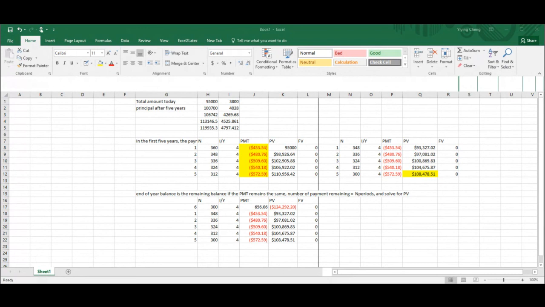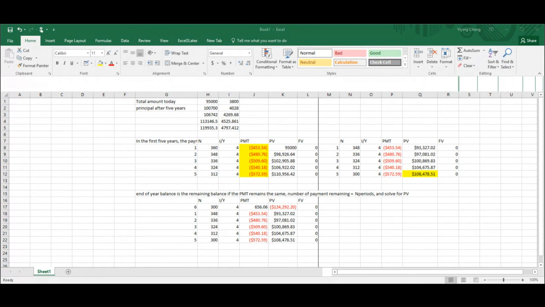Then in part C, the question asks, what is the yield to the lender on such a mortgage? Then you will have to use your cash flow function. You are going to put in five different groups of payments.